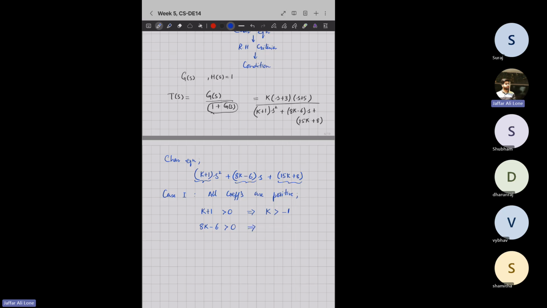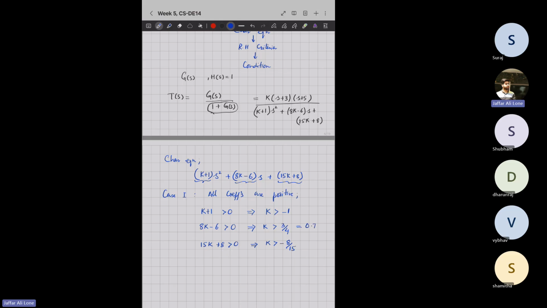It implies my K is greater than 6 by 8, that's 3 by 4. And another thing is 15K plus 8 should be greater than 0. It implies my K is greater than minus 8 over 15.